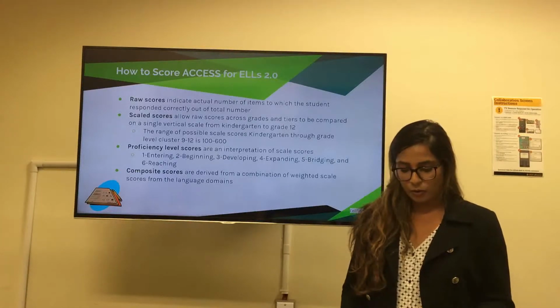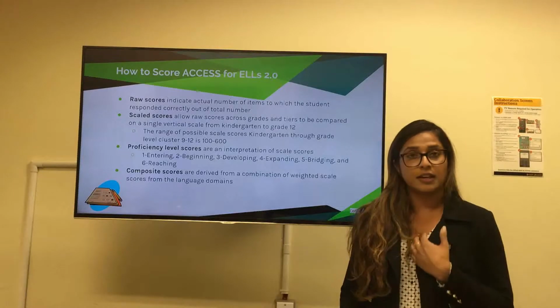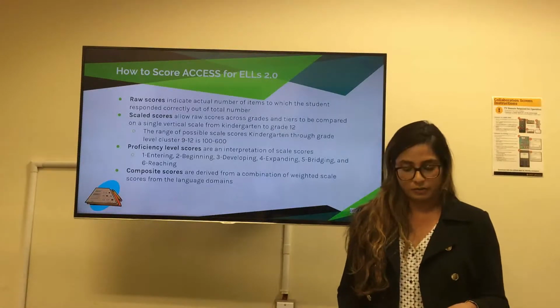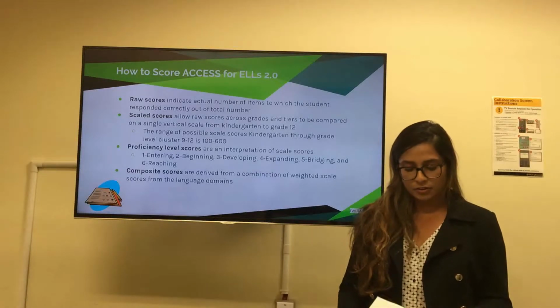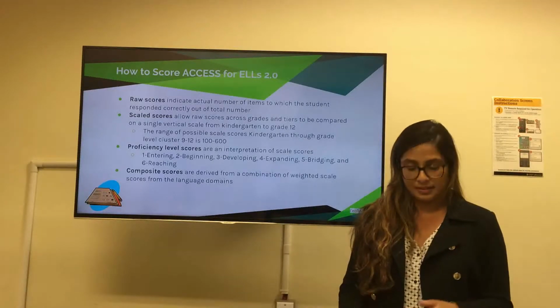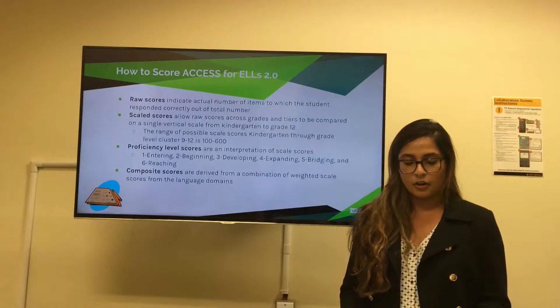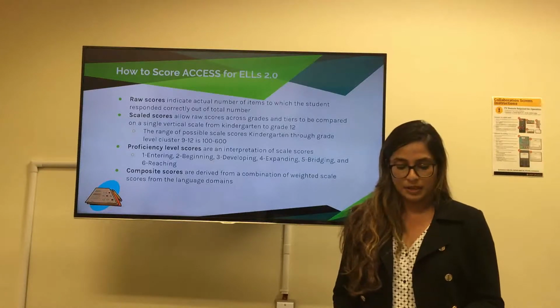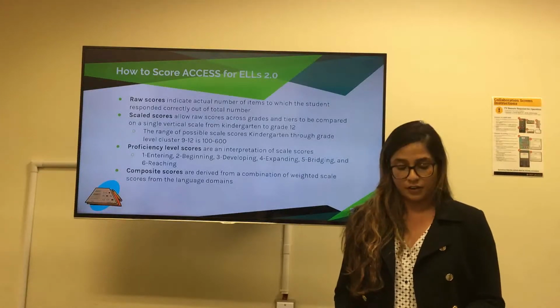So first there's oral scores that combine scores of listening and speaking, literacy scores that combine the scores of reading and writing, comprehension scores that combine listening and reading, and then the overall score that reflects a weighted score of 15% listening, 15% speaking, 35% reading, and 35% writing.